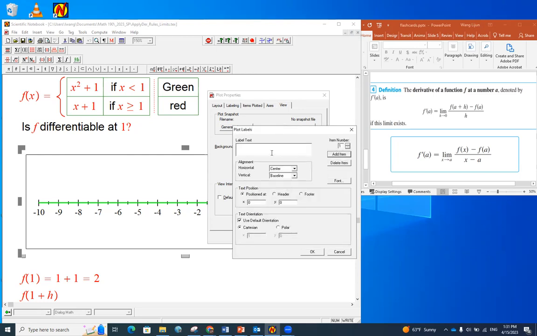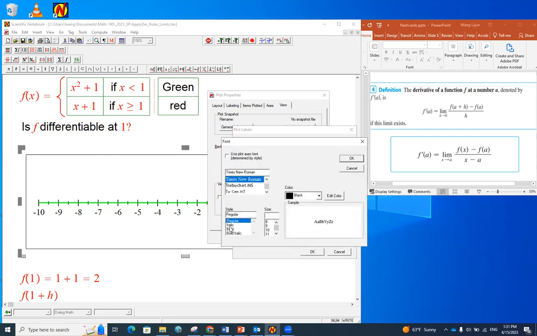So here we have x squared plus 1, and it's green.